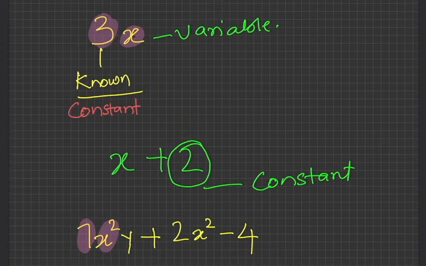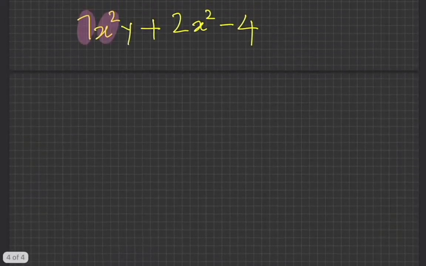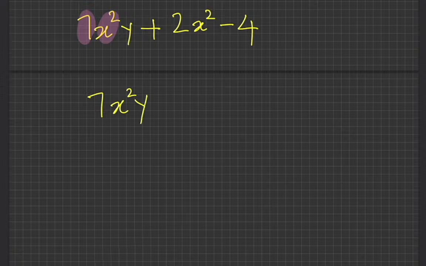Now next question. A term is a product of its factors, correct? Now let's take the same example. Let's take the term 7x squared y. This is a term, correct? This is basically one term, which is actually a product of 1 times 7 times x times y.